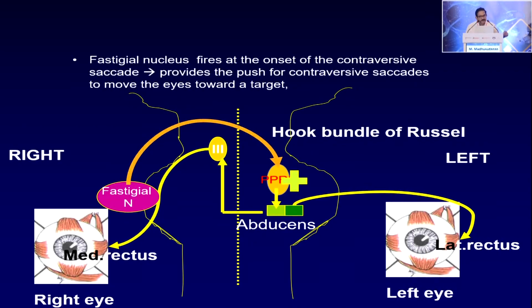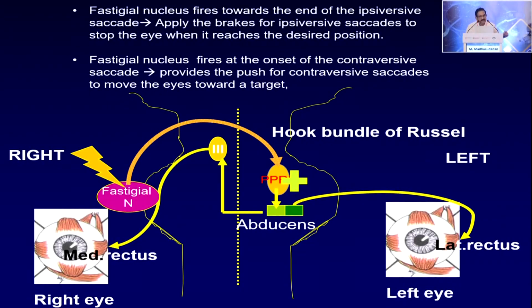It provides a push for the contralateral saccade to move the eye towards the target on the contralateral side. This nucleus also gets activated towards the end of the ipsilateral saccade to produce a brake for the ipsilateral saccade. It should not overshoot. So at the end of the saccade, the fastigial nucleus contracts, producing activity of the opposite PPRF to produce a brake for the ipsilateral saccades.